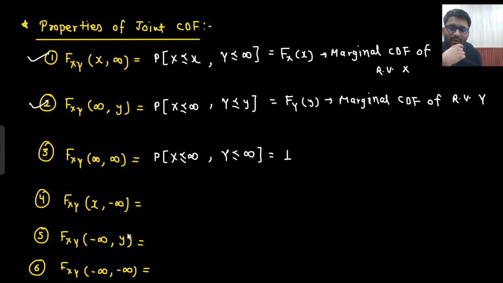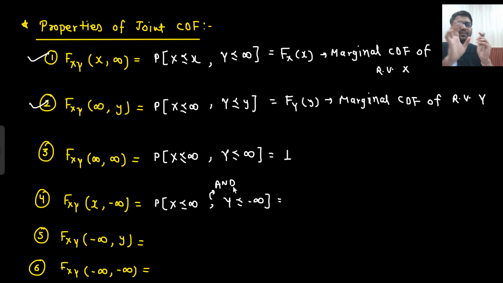What about the other one? What about this one? What does it say? The probability of random variable x taking a value lesser than or equal to infinity, and the probability of random variable y taking a value lesser than or equal to minus infinity. What does this show? Let me tell you a statement, and let me know if this statement is possible or not.